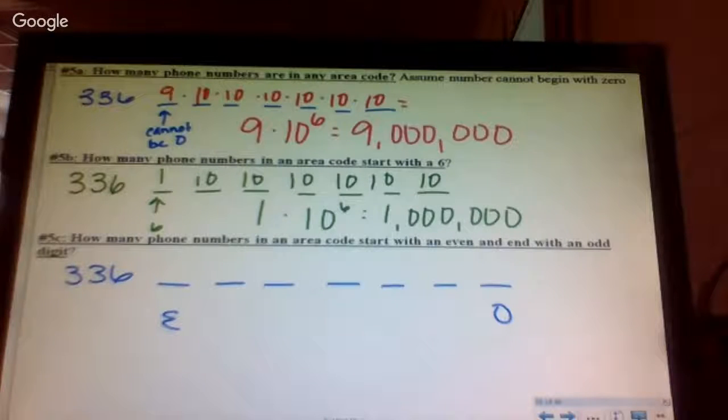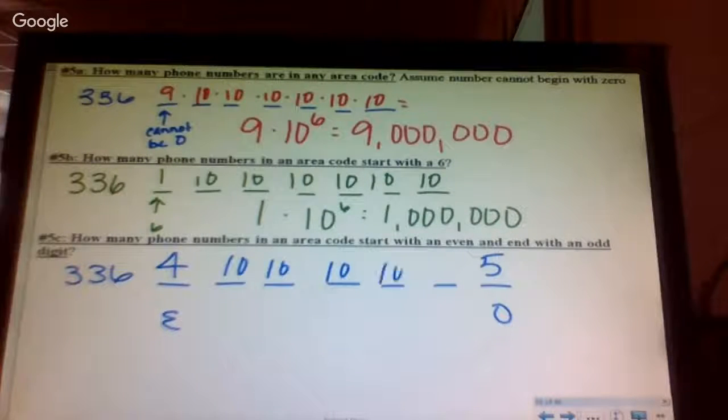So it's 4. I'm dead serious. So 2, 4, 6, and 8 are my even numbers. So I've got 4. What is this last one? If it's odd, it has to be odd. 5. Everything else in between can be anything we want.